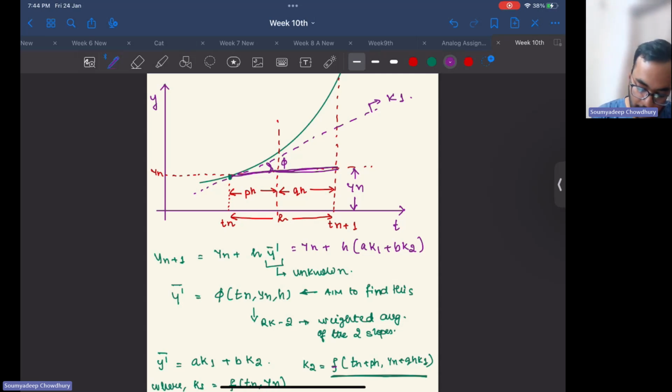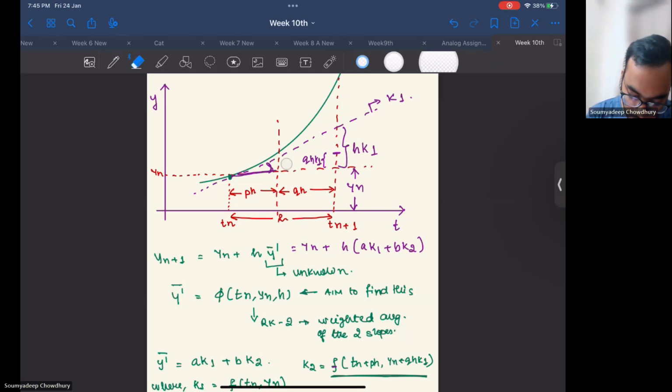So this will be h times k1, because in this triangle we can see. So if we have this one h k1, so a fraction of this will be q into h k1. So let us say this up to here, this part is q h k1, and we need yn plus ph, right?